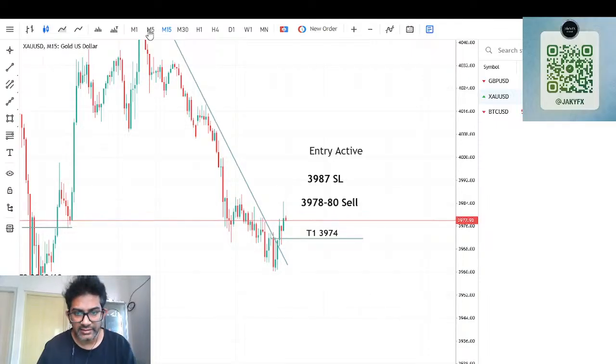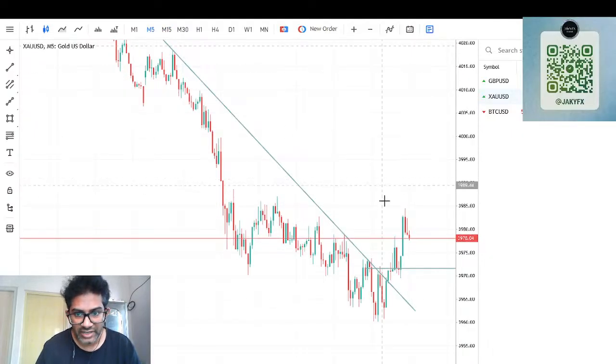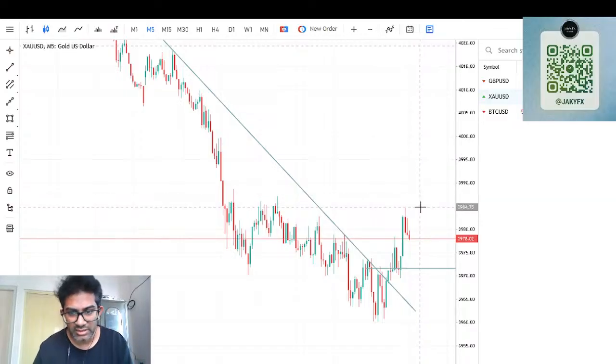So we are taking this entry based on the 15 minutes rejection wick candle and the 5 minutes candle which has given a proper downtrend. There could be a possibility that it could hit the stop loss, but this is a high probability trade for us to get into a sell side. So let's wait and watch.